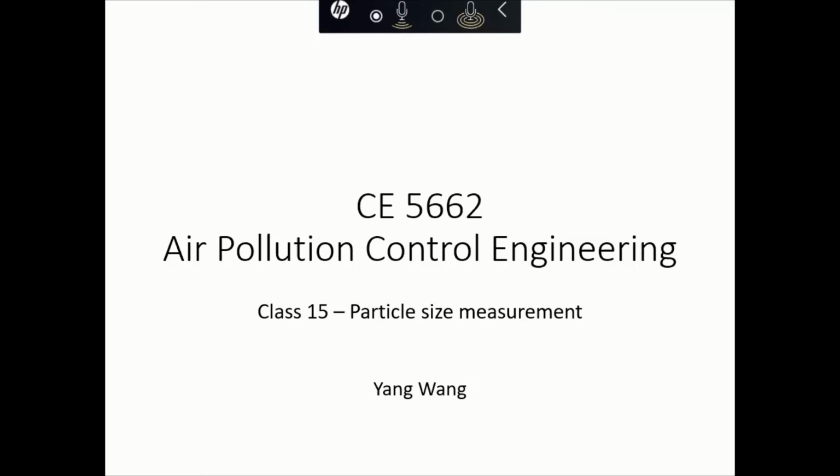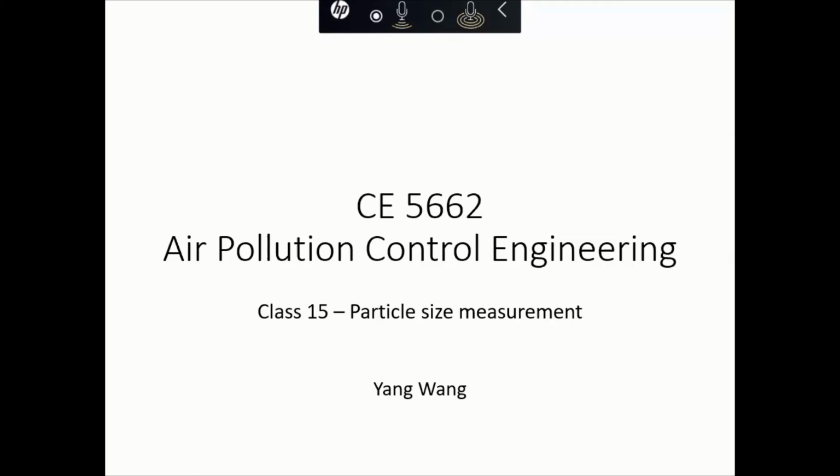But until now, the only instrument that we talked about that measures the particle size is what? It's the impactor, the cascade impactor. At the end of last class, I think Clayton asked a question, for those of you who stayed a little bit longer, about the difference between the impactor and some other measurement techniques.